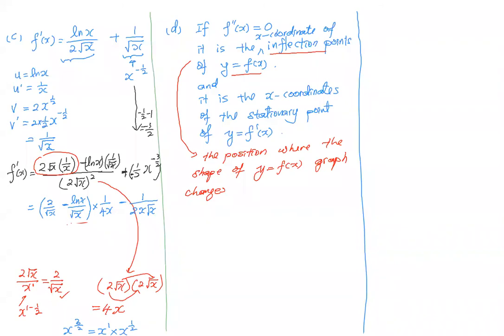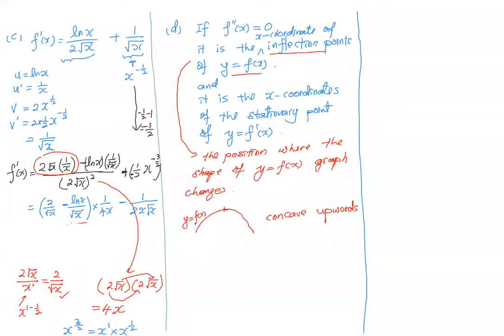So when we say the shape of the graph, we have two shapes. If the graph goes like that or comes down like that, this shape we call concave upward. So this is your y equals fx graph.